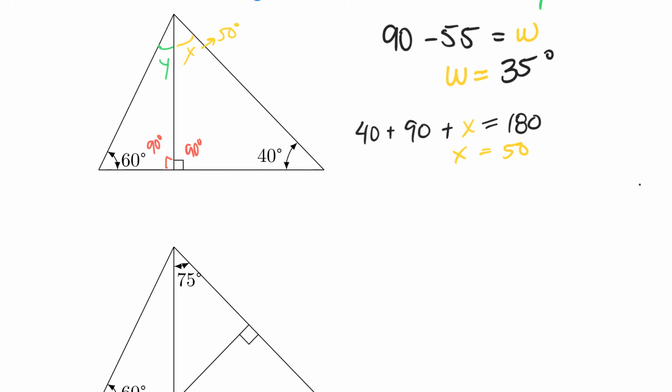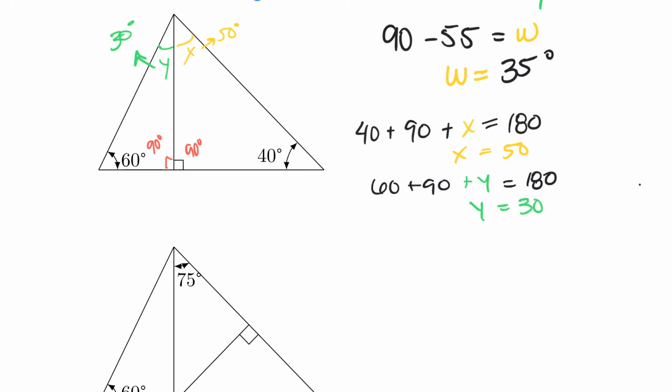Okay, so let's set up the next equation. It will be 60 plus 90 plus Y is equal to 180 degrees. So Y is equal to 30 degrees, which means this angle here is 30 degrees. Okay, so this was an easy one.